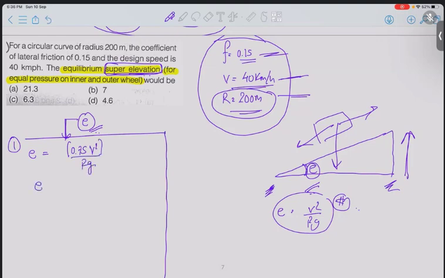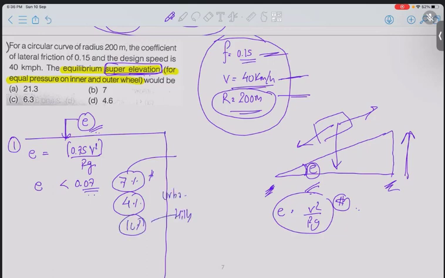If this E is less than 0.07, meaning 7% gradient for a plain area, and less than 4% for your urban area, and less than 10% for your hilly area, then you are fine, good to go. But if it is more than these values, then you go for a second step.